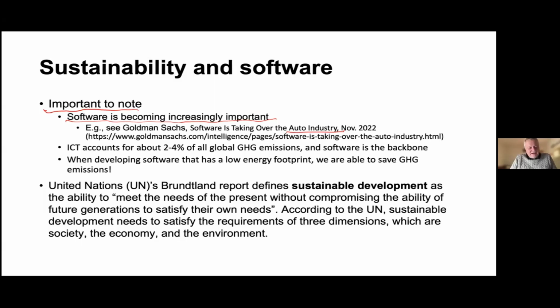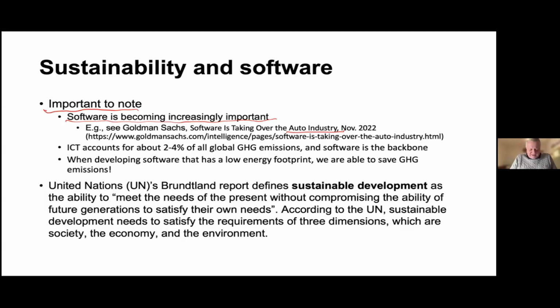We have sensors and actuators around, and the software is implementing the basic functionality. So this is one thing. Software engineering is a central part of computing these days, and software will become more and more important in all the areas, I have to say.